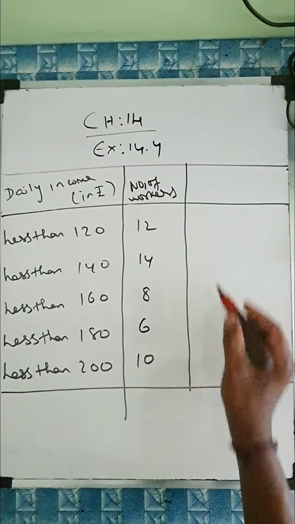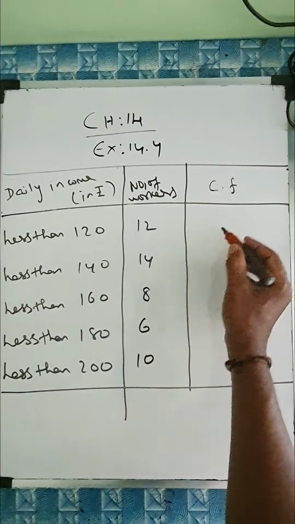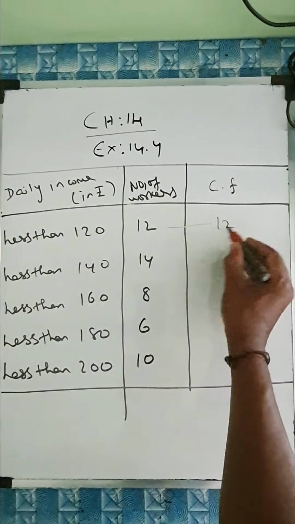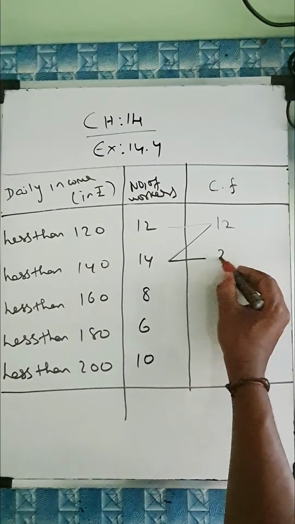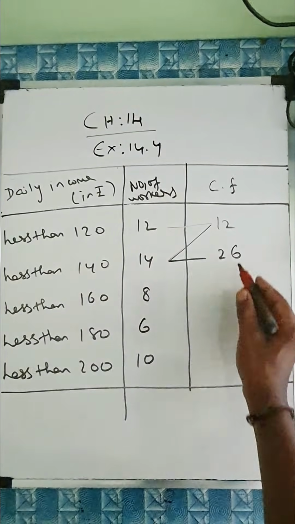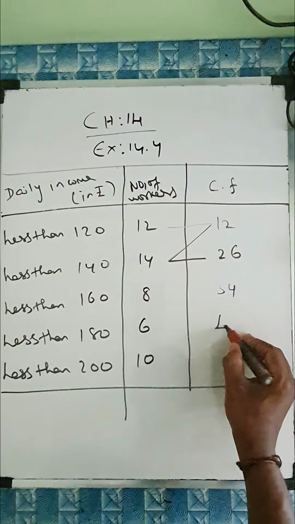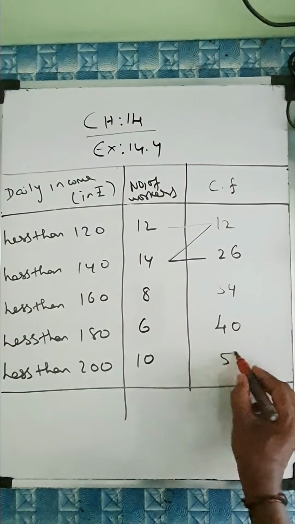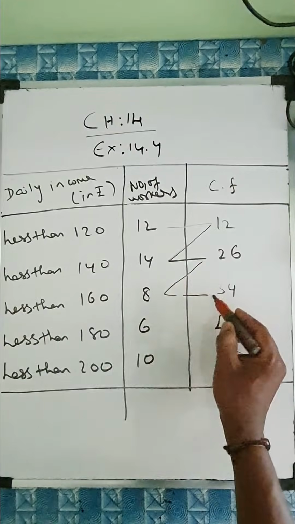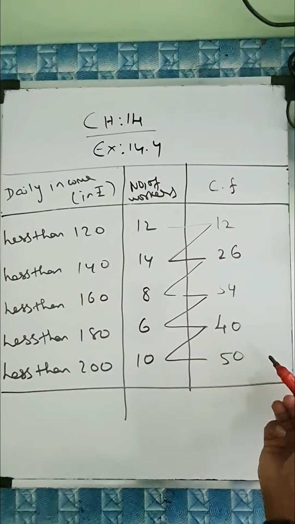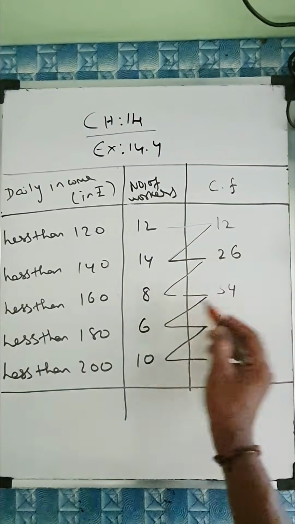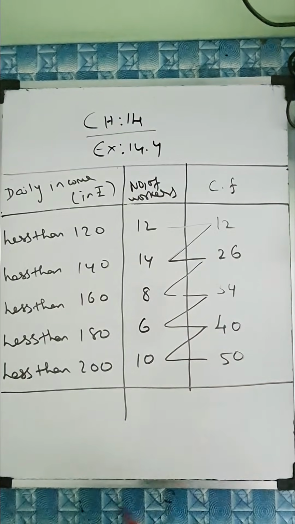And we'll write the cumulative frequency here. So 12 plus 14 is 26, 26 plus 8 is 34, plus 6 is 40, 40 plus 10 is 50. So the cumulative frequencies are 12, 26, 34, 40 and 50.